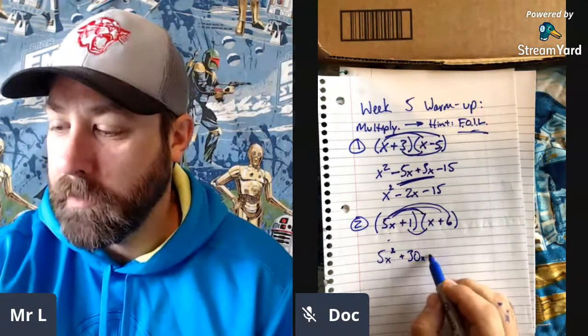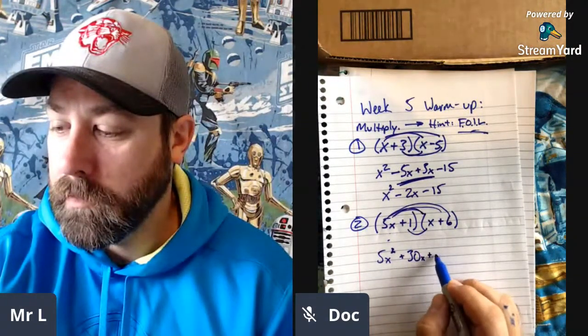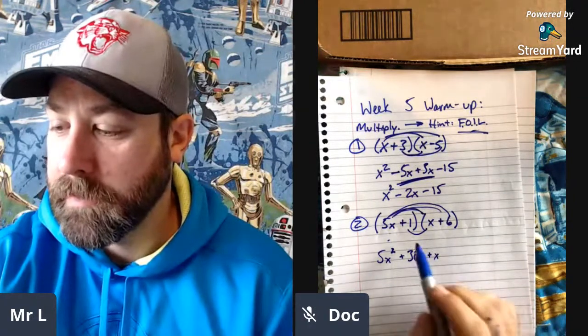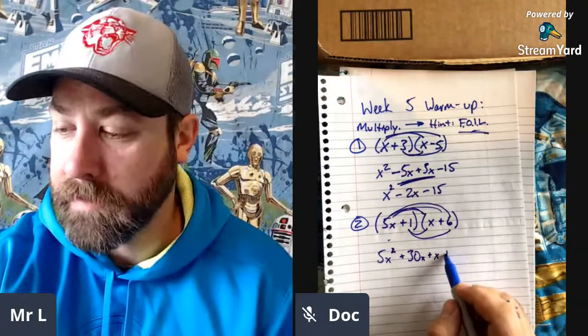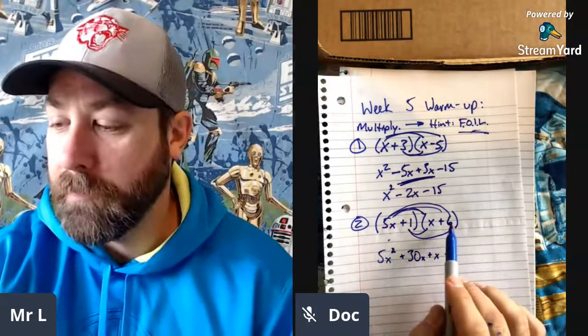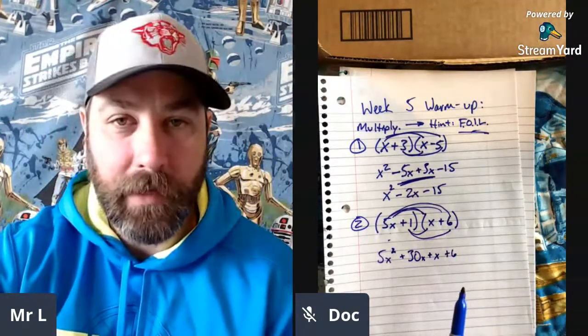X times 1 is just x. And the last terms would be 1 times 6, or 6. Everything's positive here, so everything's going to be positive in your answer.